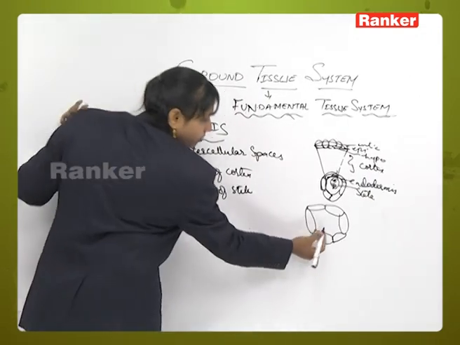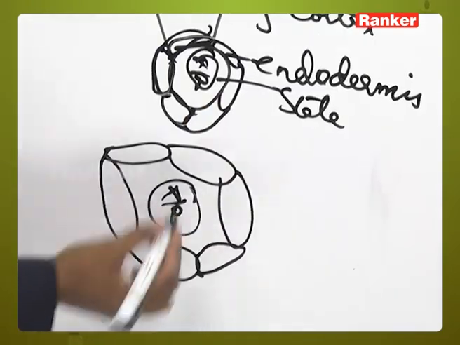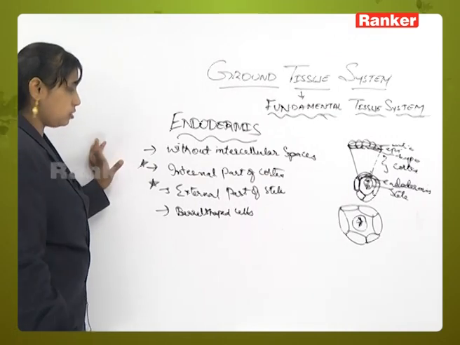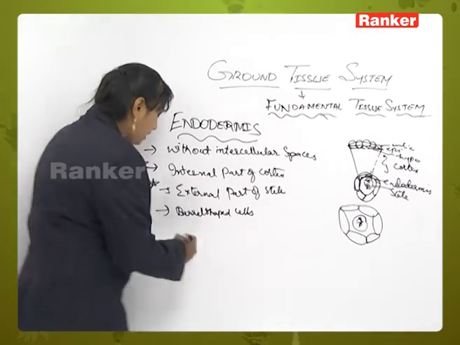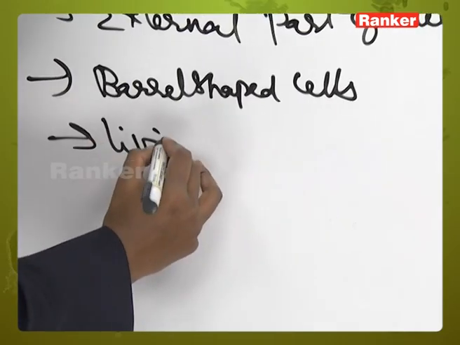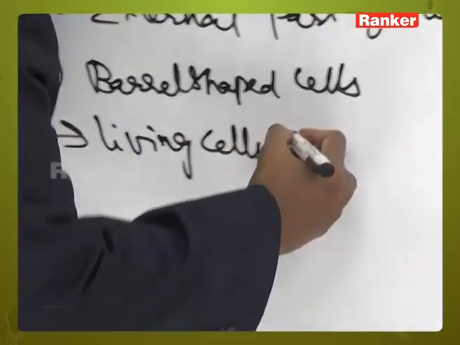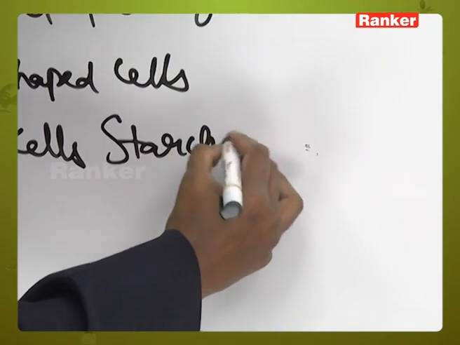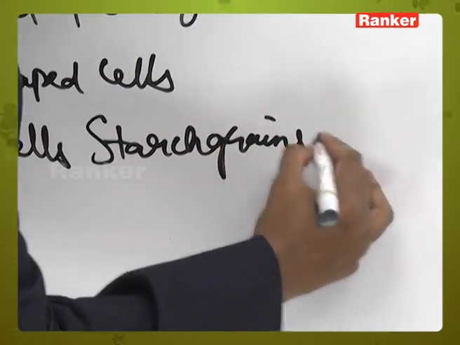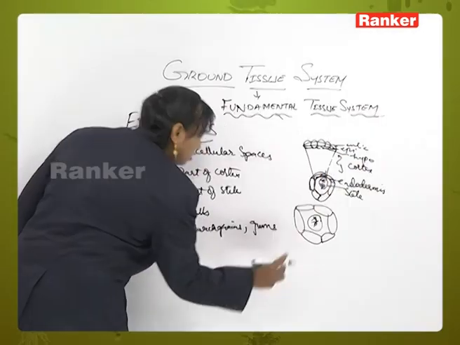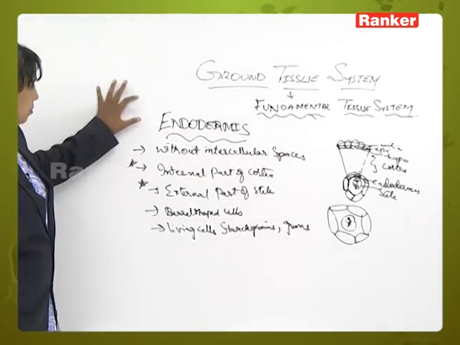Inside this we will have the xylem, phloem, vascular bundle arrangement. So, barrel shaped cells, parallel to each other, and these are living cells, consisting of starch grains and gums.